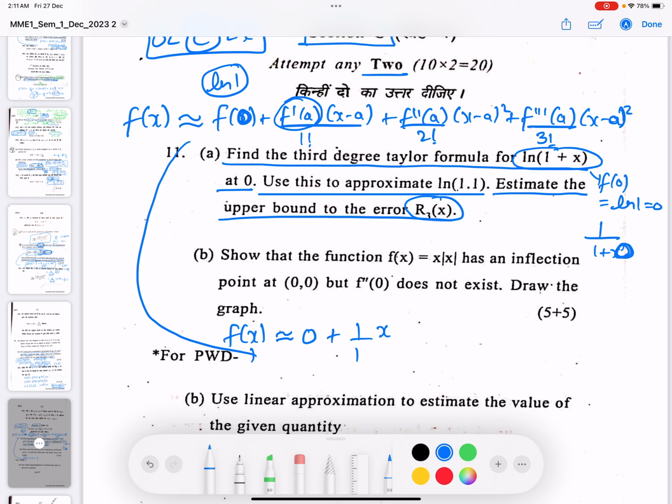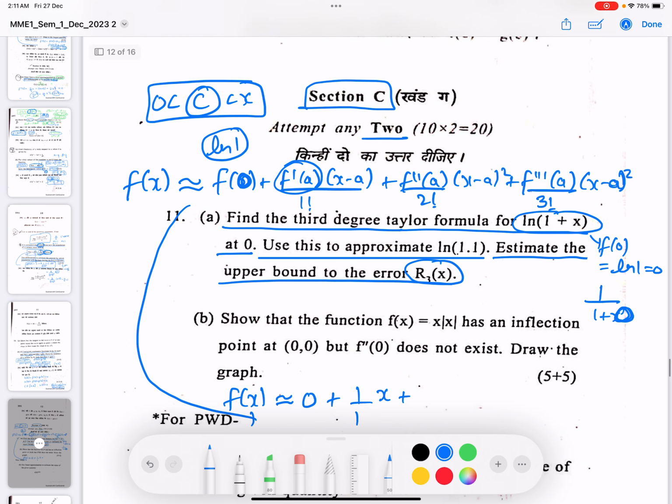Then f''(a). For log(1 + x), the first derivative is 1 by 1 + x into 1. This is f'(x). f''(x) would be minus 1 by (1 + x) whole square.